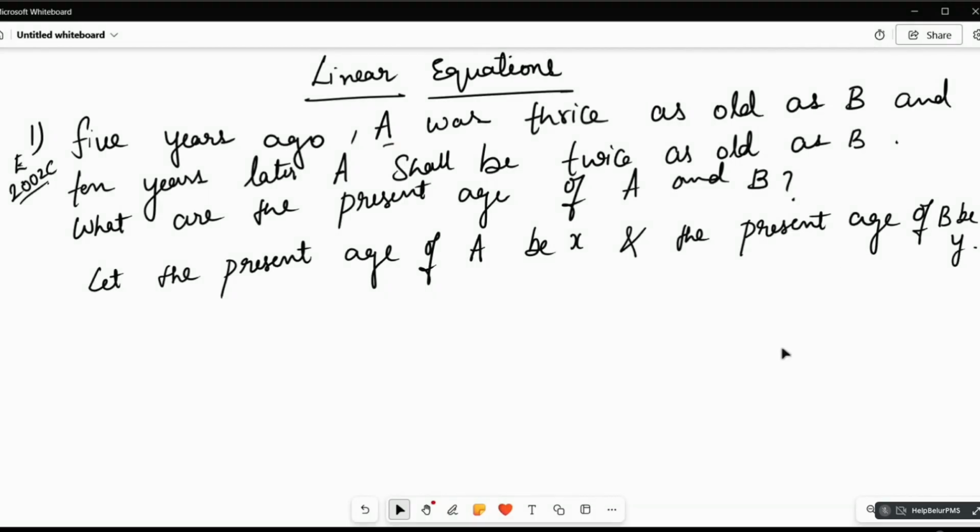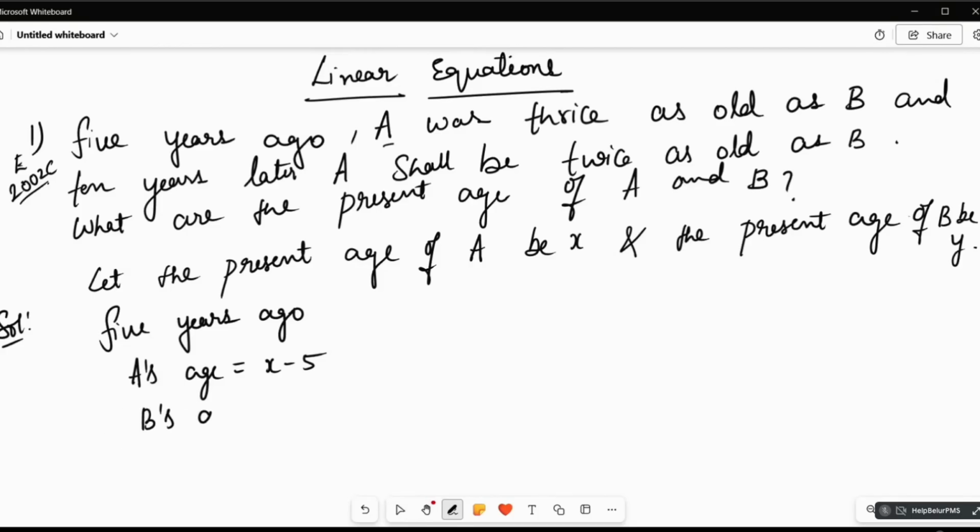Okay, equation. See, first let the present age of A be x and that of B be y. So 5 years ago, A's age is equal to x minus 5, and B's age will be y minus 5.